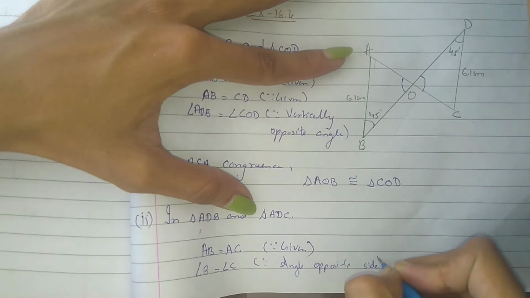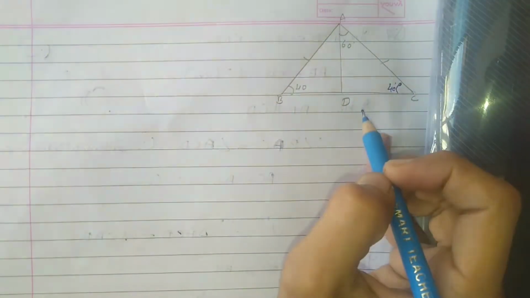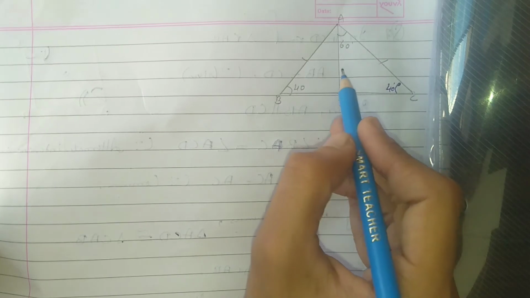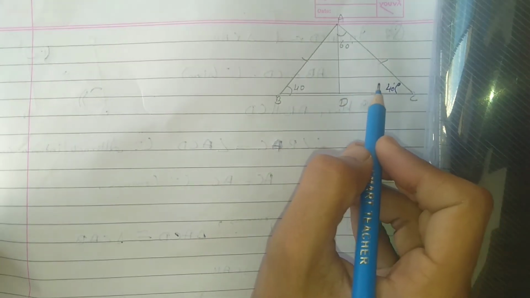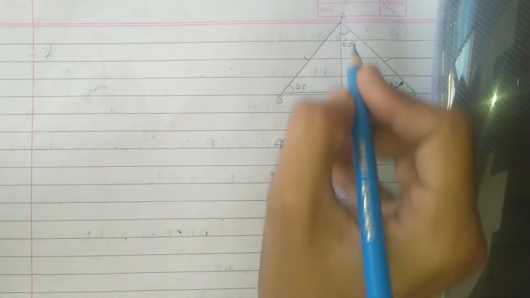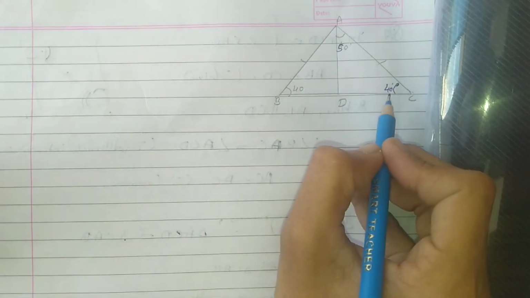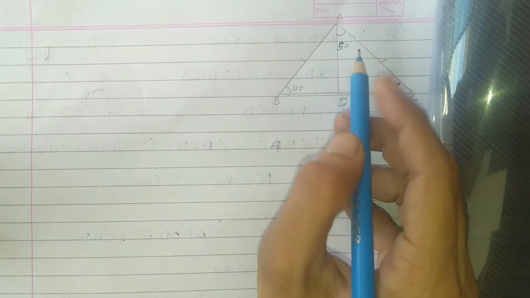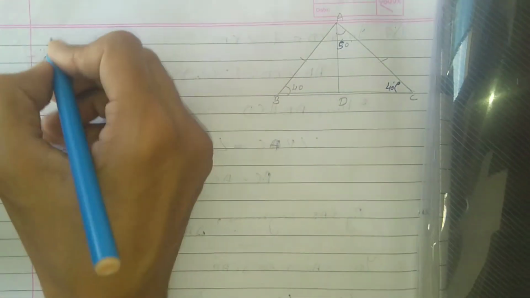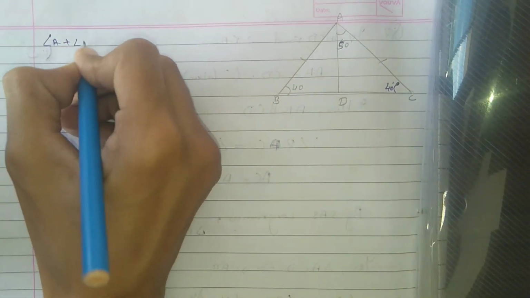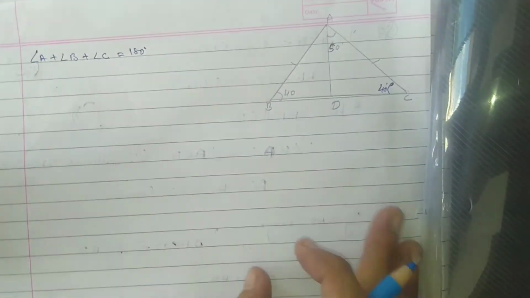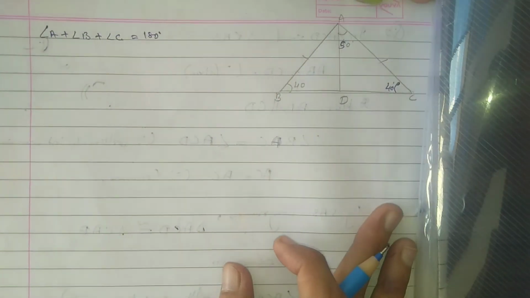Now the third angle we have not been given, so let us find it out. Okay, so first two angles we have given, this is 50 and 40. Now let us find the whole angle: angle A plus angle B plus angle C equal to 180 because the sum of angles is 180.